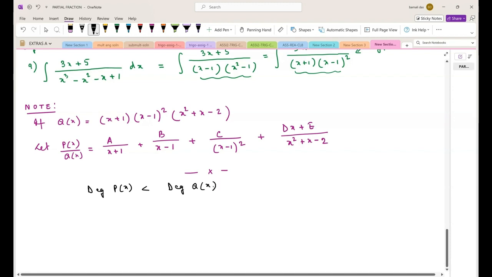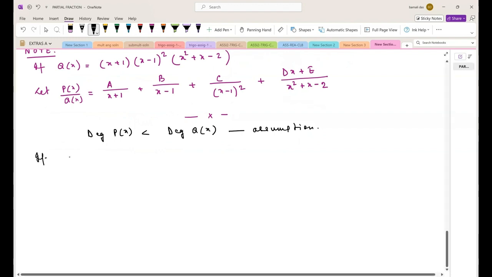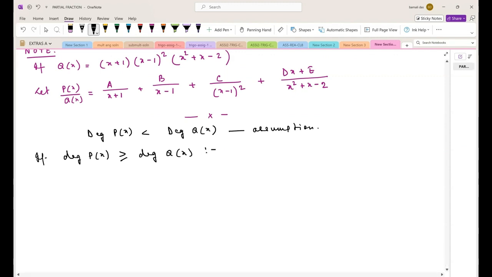In all the above three cases, this was my assumption. Now, if the sum is given in such a form that this condition is not maintained, that means if you have degree of px either greater than or equal to degree of qx, then what will you do? So that is what we are going to discuss next.